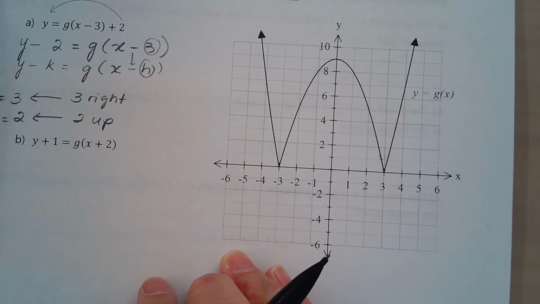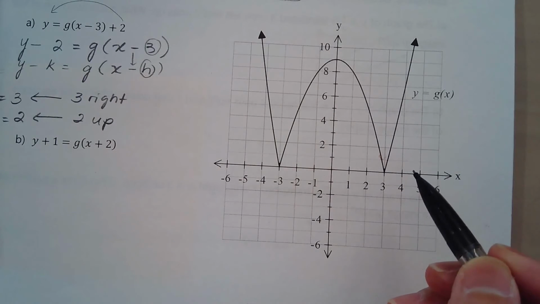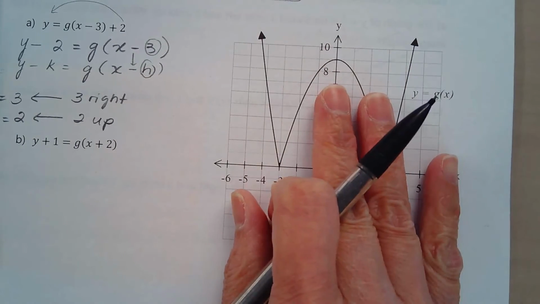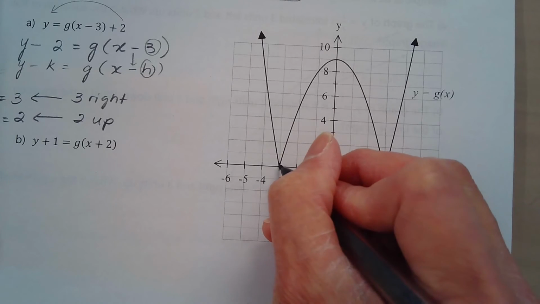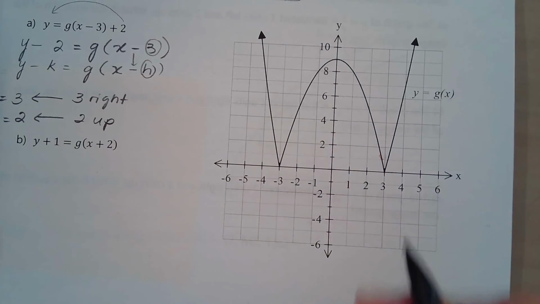Okay? So what's our point here? How can we replot this one so that it's 3 right and 2 up?